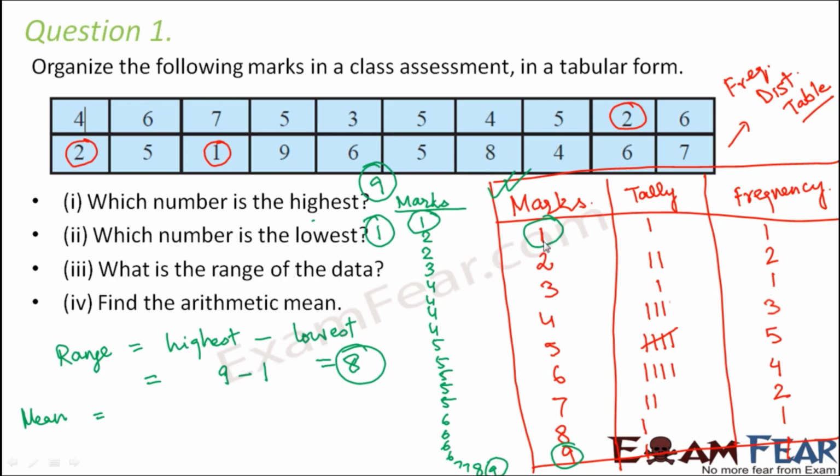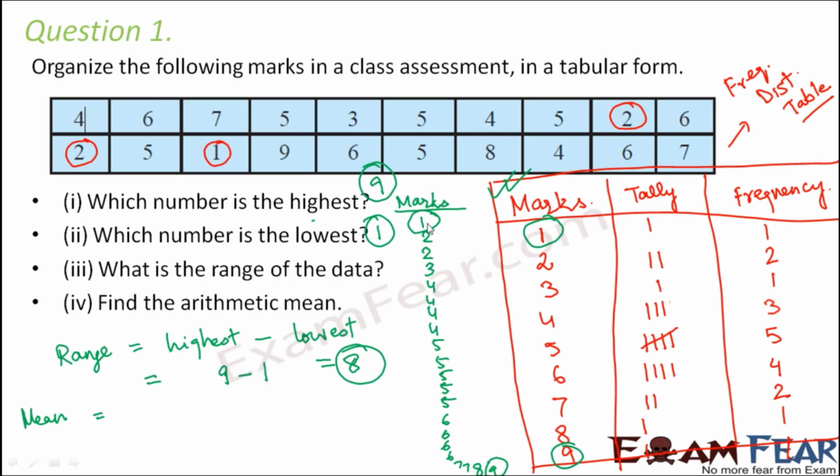If you just count 1 to 9 and say there are 9 items, that is wrong. There are more than 9 items, because certain items are repeated. So it is the number of students that gives you the number of items.